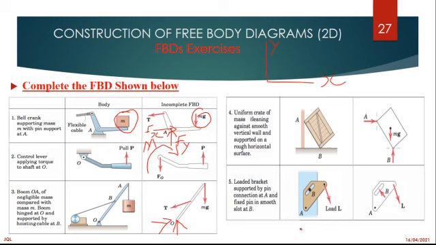So now we don't know, but from what I can see, at D, that is a rough surface. When there's a rough surface, it simply means this crate is not allowed to move in the x-axis. So we are going to have another force there, which will be Fx.